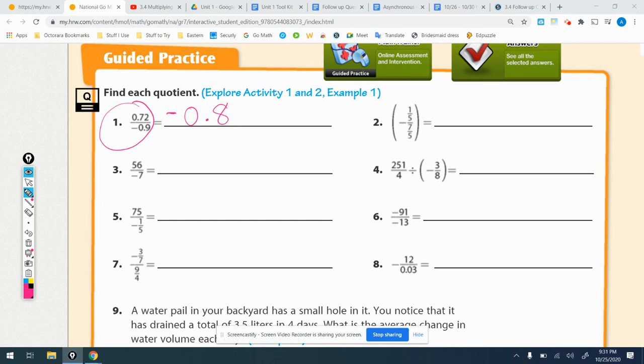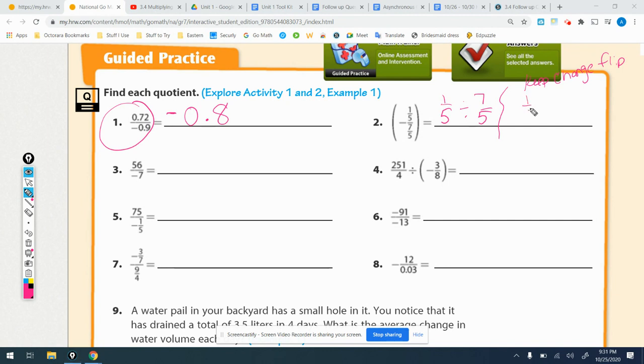With my fractions over here, I have 1/5 divided by 7/5. Now, because it is division of a fraction, I have to keep, change, and flip. All right, so I keep my first fraction.